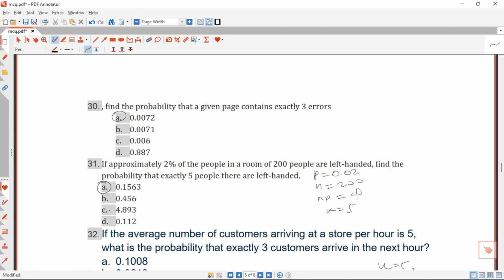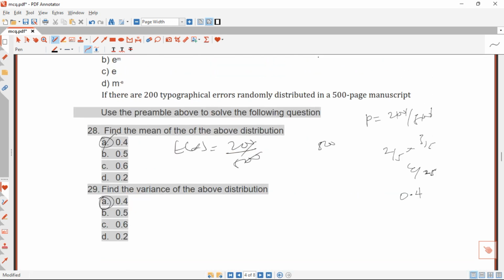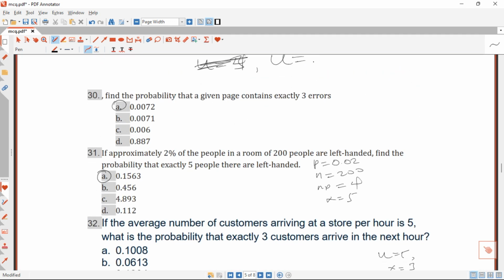And then we have been asked to find the probability that a given page contains exactly 3 errors. We know that our mean mu is equal to 0.4, and our x is given as 3.